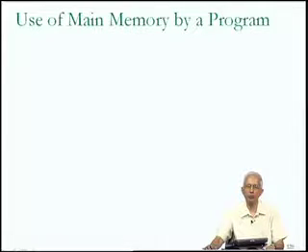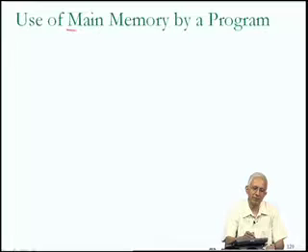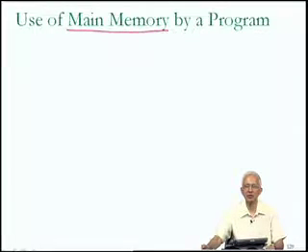We can now put all of these thoughts together into a description of how main memory is used by a program. When you write a program and you run it on a computer, how is main memory used? Remember, we use the term main memory to refer to that box inside the computer organization block diagram, because the word memory is overloaded. Registers themselves are a form of memory, and so on.